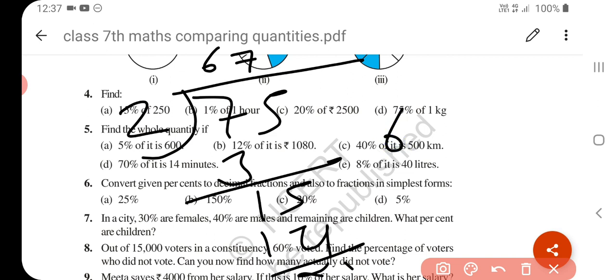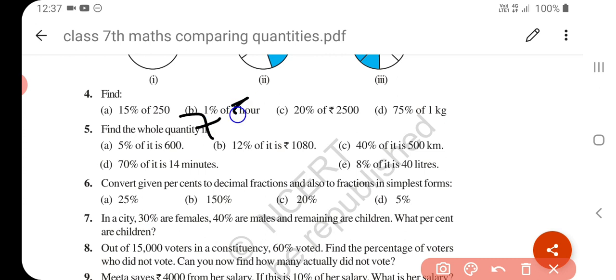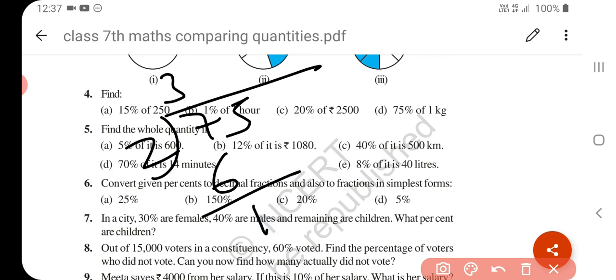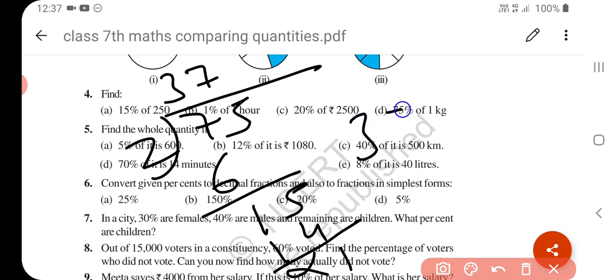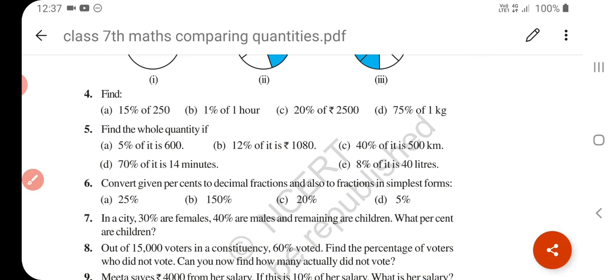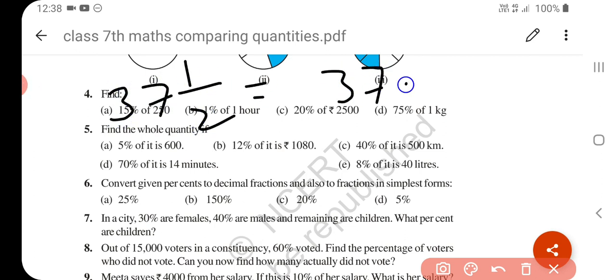So your answer is 37 1/2%. In your book you can write the answer 37 1/2, or you can write 37.5 also.